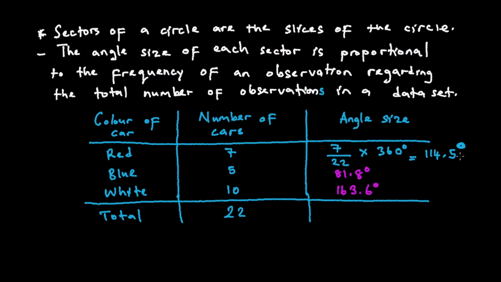If you add 114.5 degrees plus 81.8 plus 163.6, you are going to get a complete revolution. Specifically, it's 359.9, which we approximate to 360 degrees. Mrupabata.